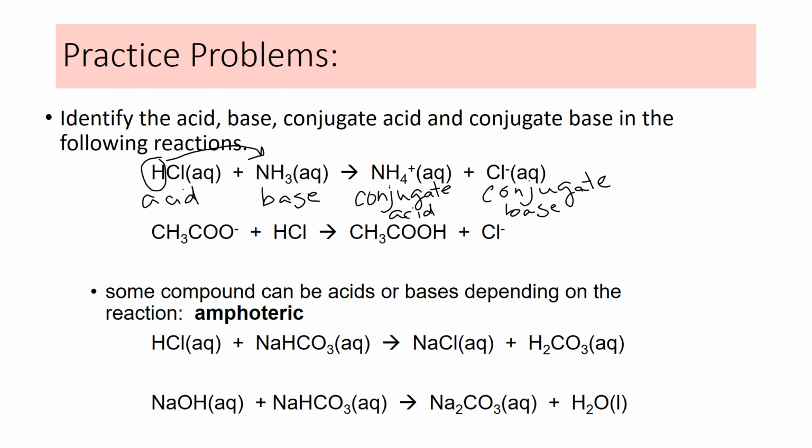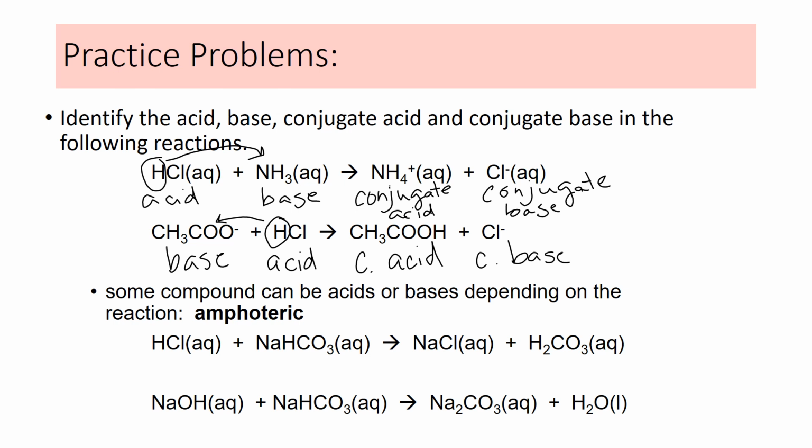The H is going to come off of HCl and join the acetate ion. So the one losing the H is going to be the acid, and the one gaining the H is going to be the base. So here's our base. And then our base turns into the conjugate acid. I got too lazy to write out conjugate. And our acid becomes the conjugate base.